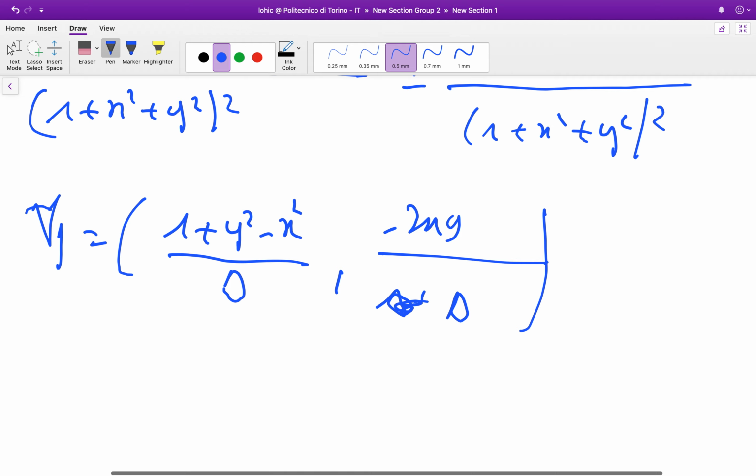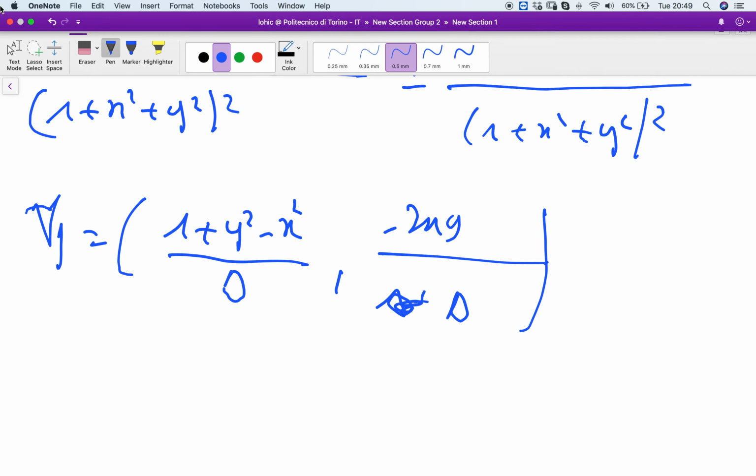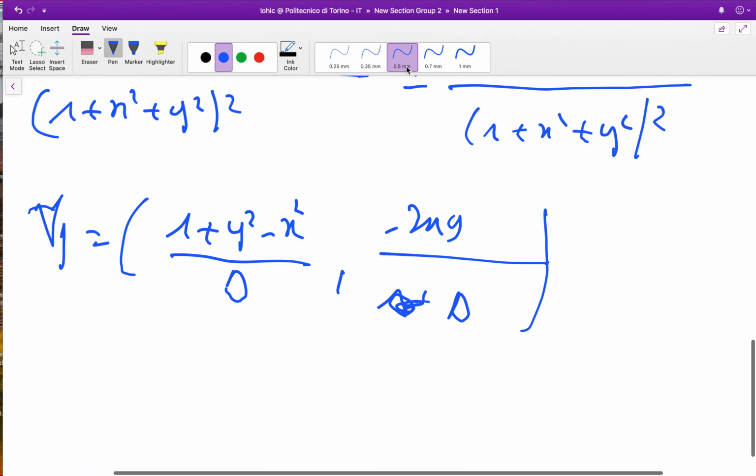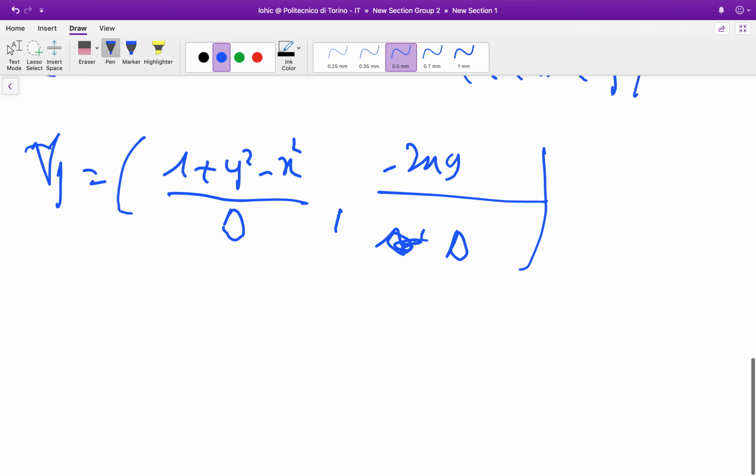Okay, now that we have the gradient, let's go back to the question. The options are: has a unique stationary point, has two stationary points, has no stationary points. Let's see the number of stationary points. The stationary points are the points that make the gradient equal to 0.